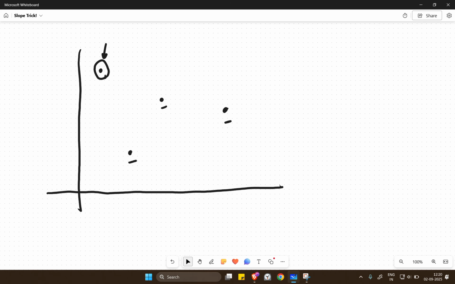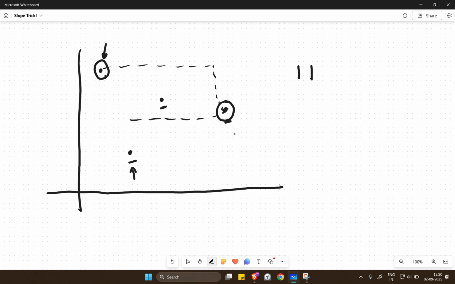So considering this point and then this point as a second point, this will form one valid pair. Then this point also they form a valid pair. So if we consider this point, they don't form a valid pair because this is the rectangle that they make and this is the point that they include, so these two don't form a valid pair.